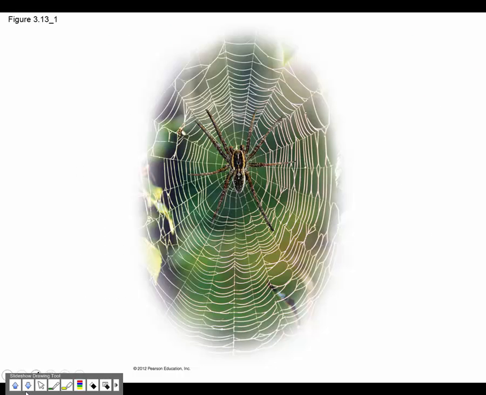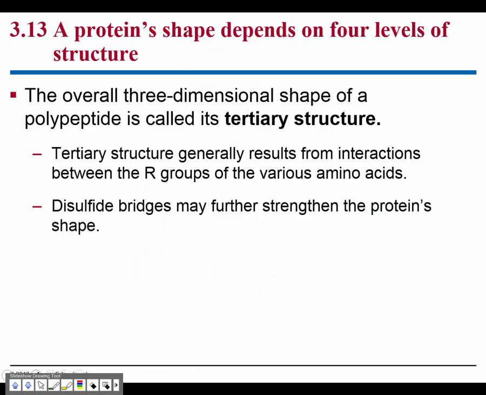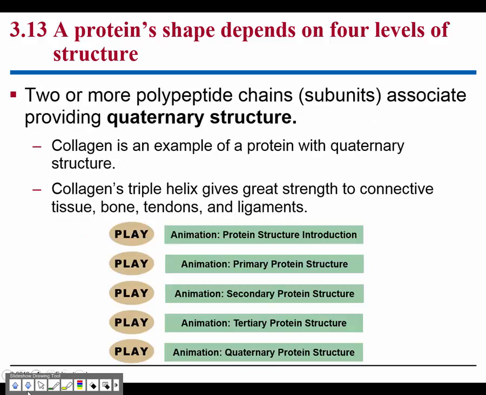And so spider webs are proteins that they use. And then when it folds in on itself, so when you get those helical structures and those pleats, when they start to fold in on themselves, they're tertiary structures. And those result from the different functional groups. And then you get disulfide bridges.